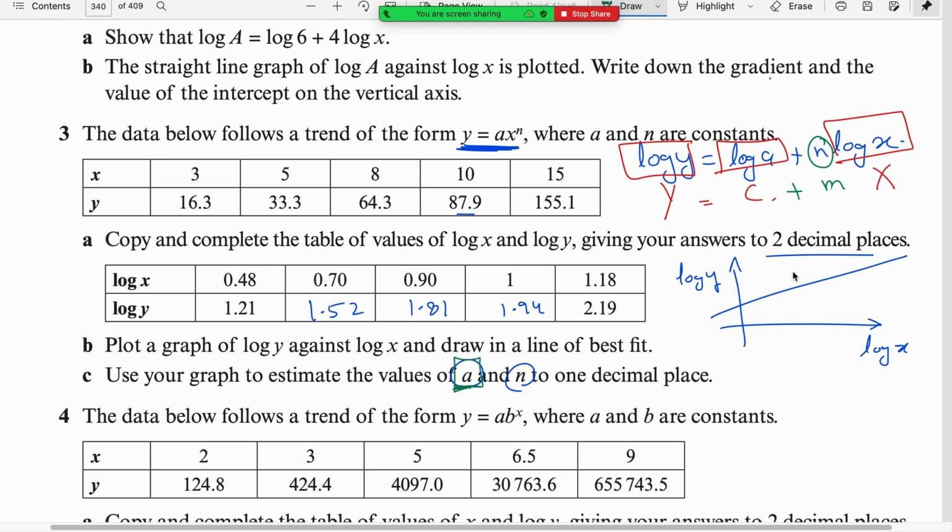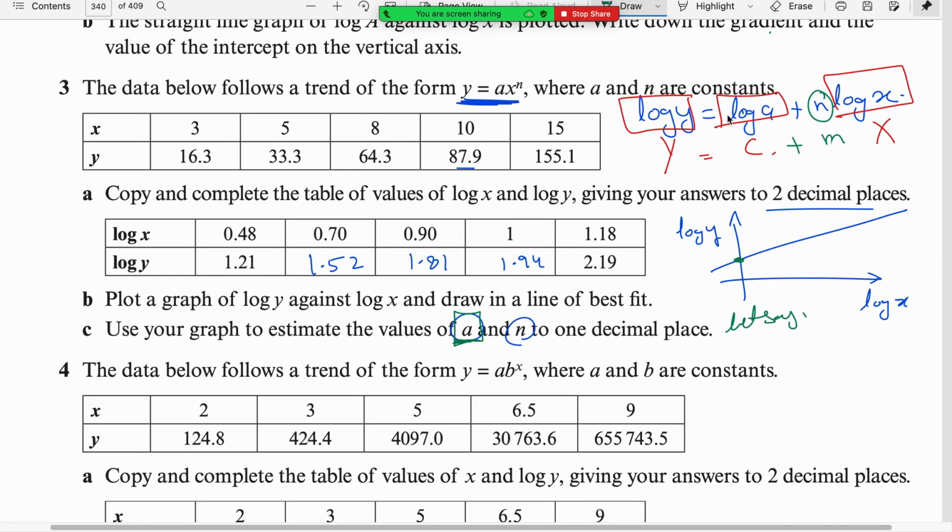To estimate a, basically from our graph we'll see the y-intercept. Let me say this is 0.47, just an example, because I don't have graph paper right now.